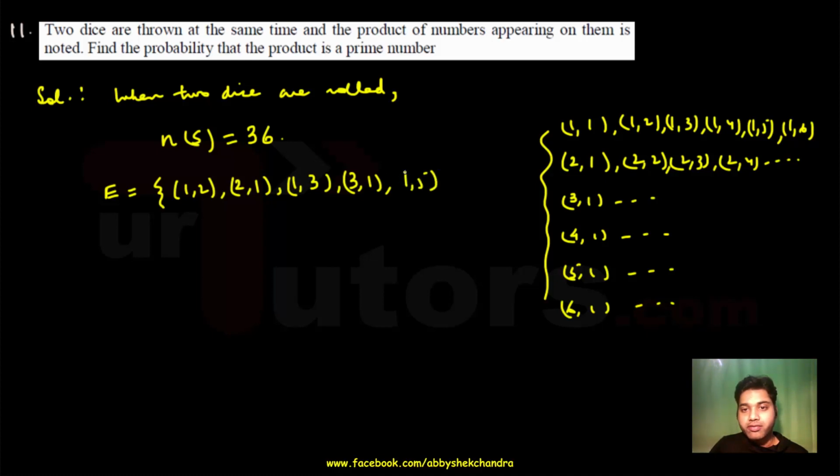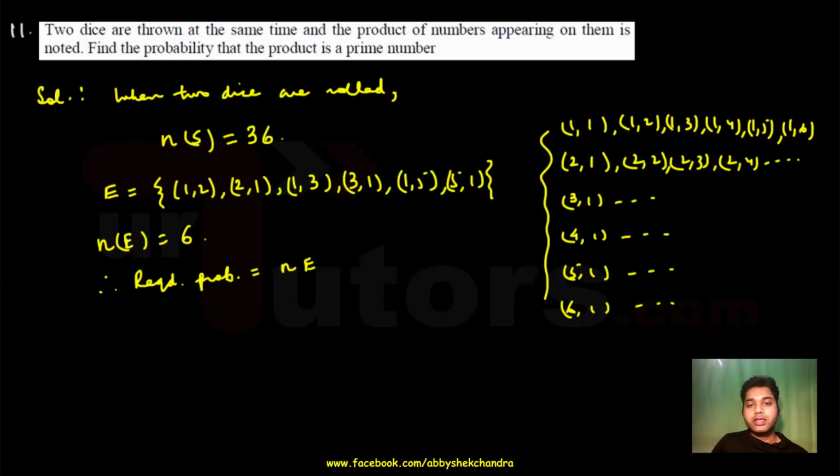Then 1 5, and 5 1 can also be there. So out of these 36 options, you can write and check, you'll only get these 6 options, because any other option you take, the product of the 2 numbers will not be a prime number. So NE is equal to 6. Therefore required probability will be NE by NS, that will be equal to 6 by 36, equal to 1 by 6.